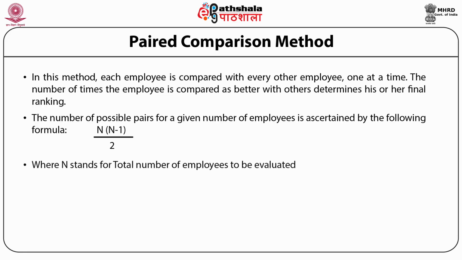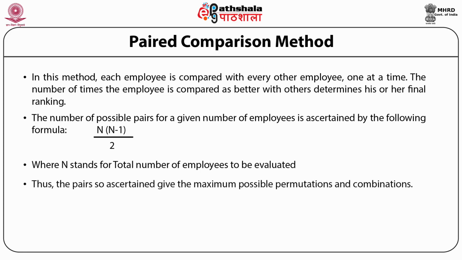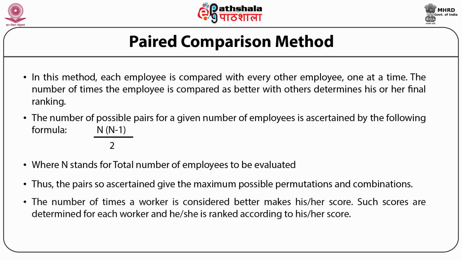And what does the n stand for? It is the total number of employees to be evaluated. The pairs so ascertained give the maximum possible permutations and combinations. The number of times a worker is considered better makes his or her score.